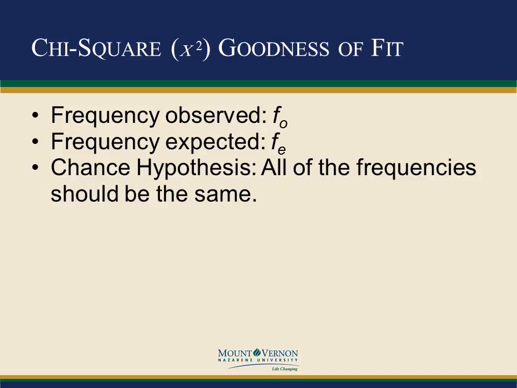The chance or null hypothesis in this case is that all of the frequencies should be the same. In the future, on your homework, you'll have problems in which you're comparing a set of observed frequencies with a specific set of percentages. In that case, the null hypothesis is that the frequencies would fit the percentages that are given. In this case we have this particular null hypothesis.